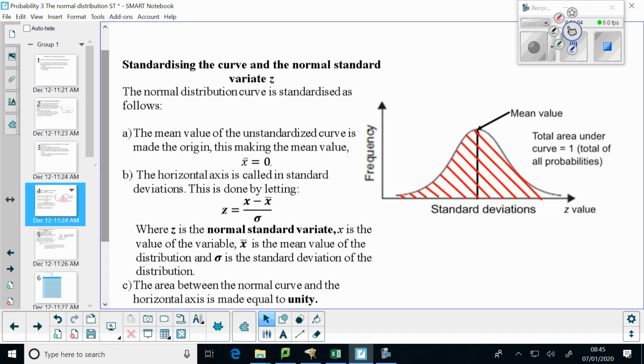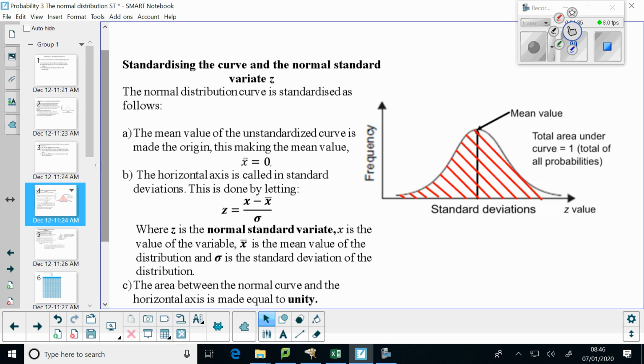The horizontal axis is called standard deviations from that mean. This is done by letting the Z value equal the value that you're analysing. So if our mean is 1.5 metres tall, and we're looking for the probability that someone will be 1.4 metres tall, then the value x is 1.4.